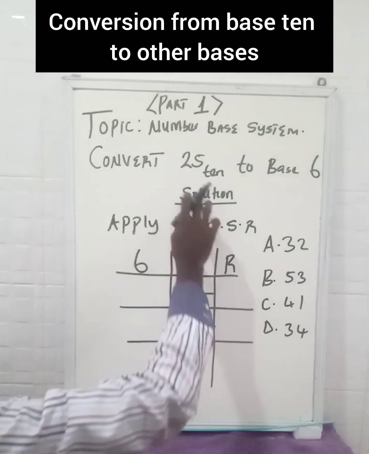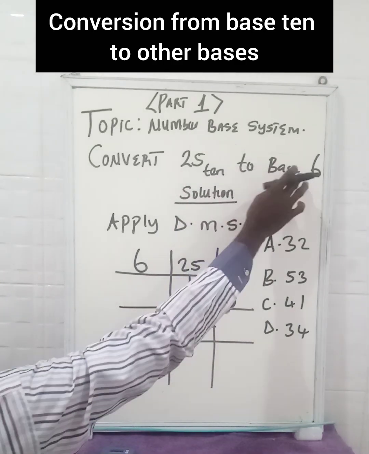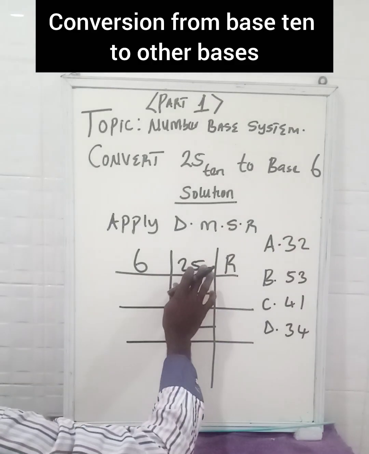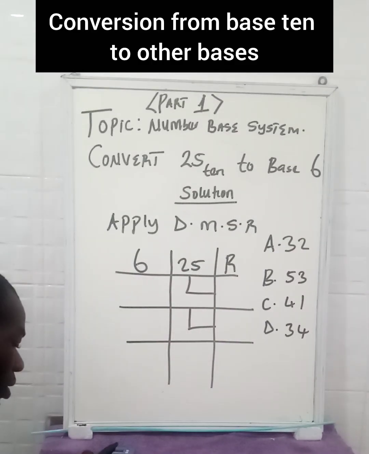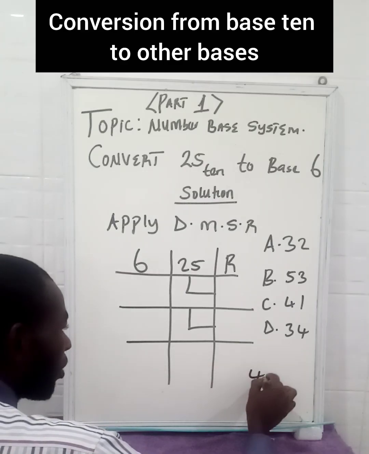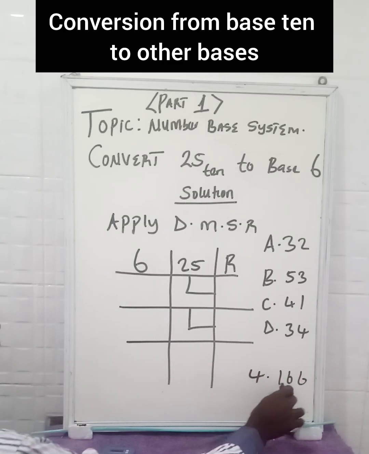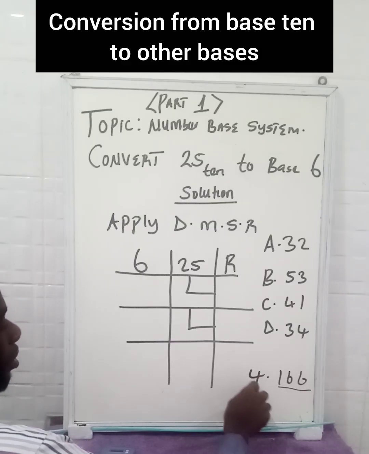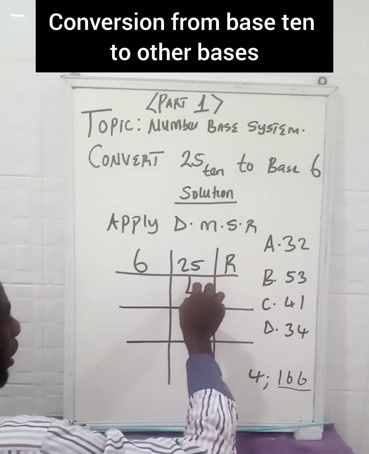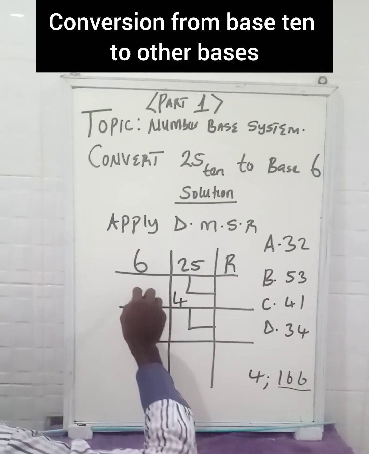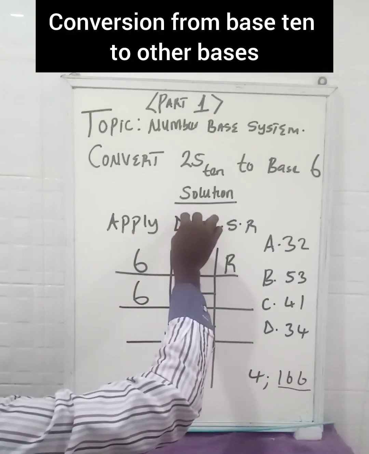Then, since I was told to convert 25 base 10 to base 6, I'm going to divide 25 by 6. 25 divided by 6 is going to give me 4.16666. I don't have any business with this. I'll pick this number 4 and put it here. Alright. That means I've already divided.